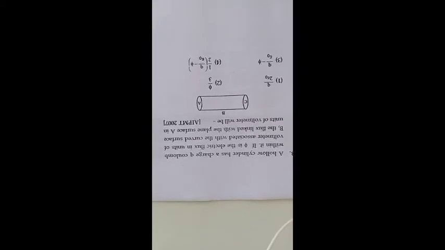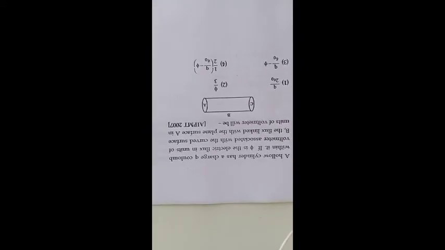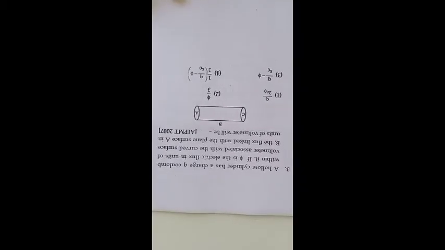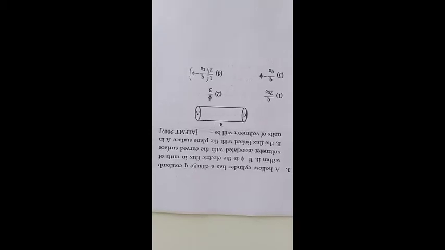A hollow cylindrical surface has a charge q coulombs within it. If phi 1 is the electric flux in units of volt meter associated with the curved surface B, the flux linked with the plane surface in units of volt meter will be.